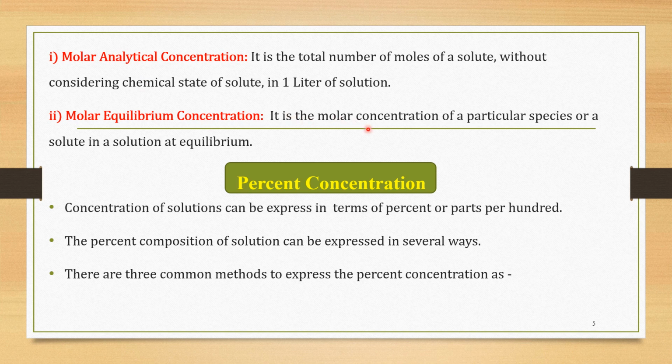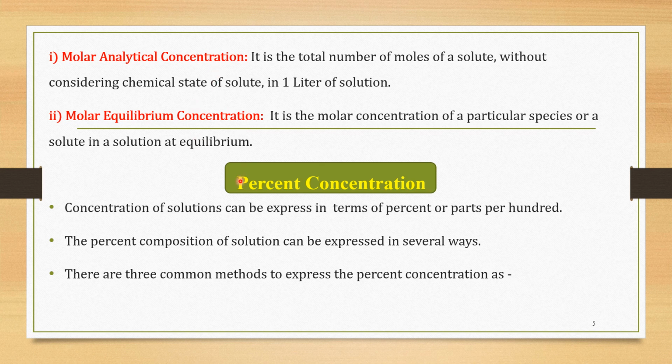It is the molar concentration of a particular species or a solute in a solution at equilibrium. Whenever we are considering the equilibrium state, the molar concentration of a particular species at that stage is called the molar equilibrium concentration. This is the first important way for expressing the concentration of a solution, called the molar concentration.